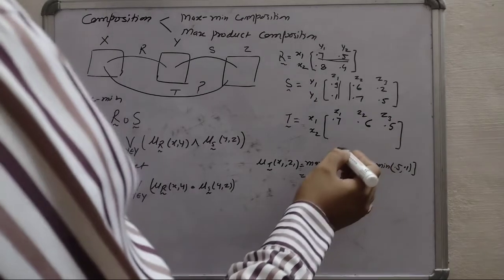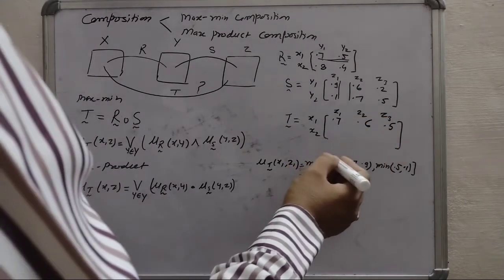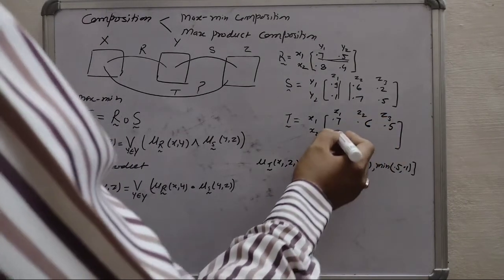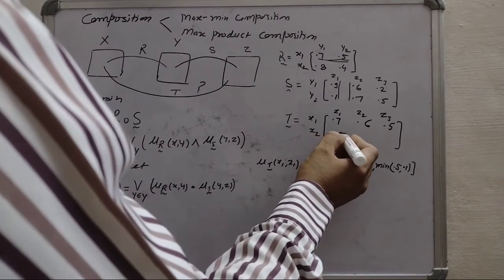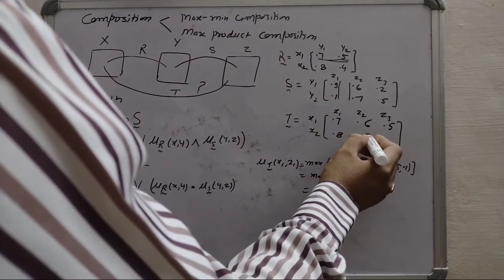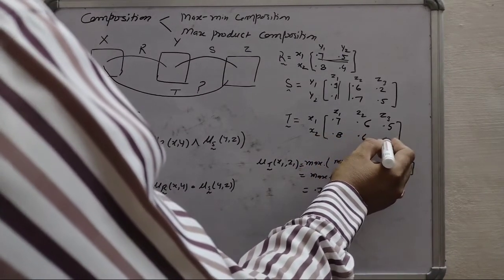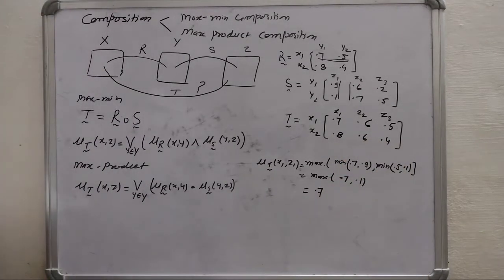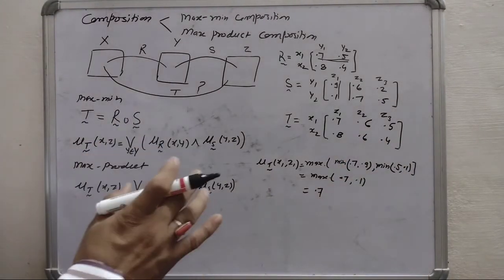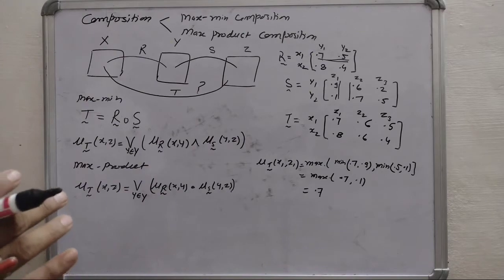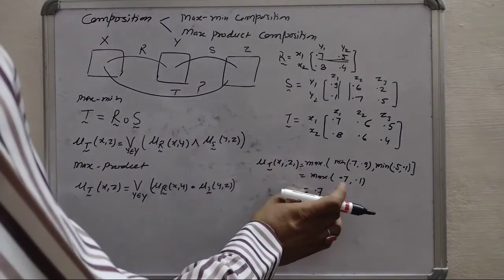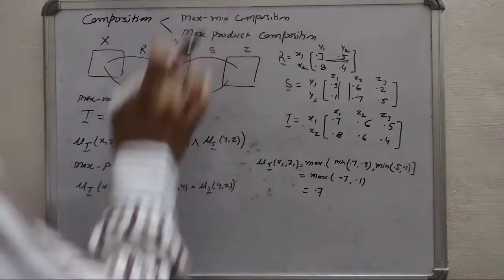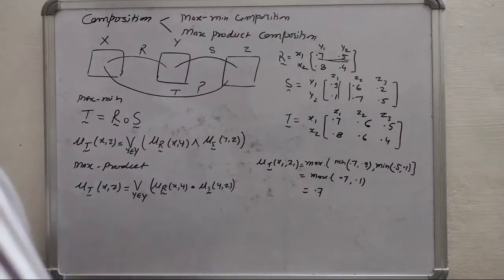Similarly for other elements we can find out the relation strength 0.5, 0.8, 0.6, 0.4. So in this way we can calculate the T relation matrix by using max-min composition.